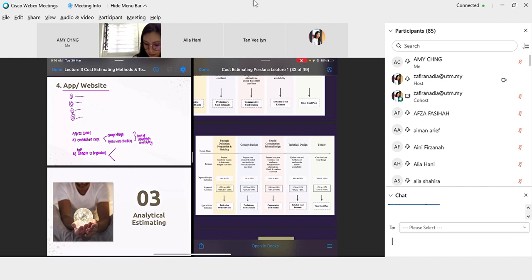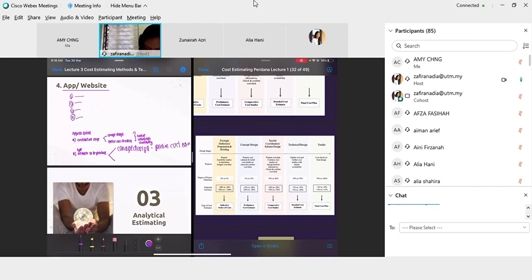Preliminary cost estimate. Good. So for concept design it is preliminary cost estimate. For spatial, comparative cost studies.